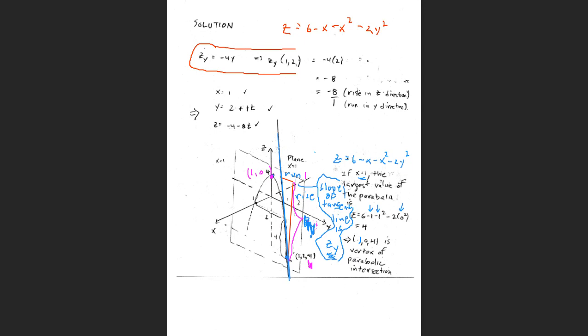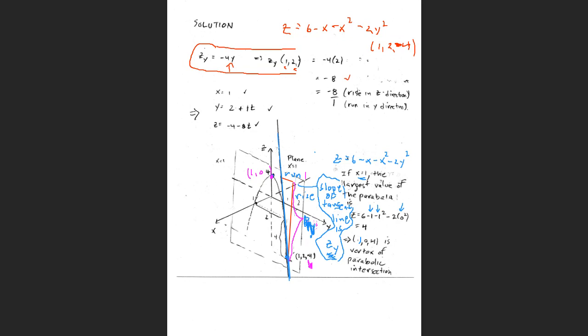So we hold x constant, and all we're left with is the derivative of negative 2y squared. That's negative 4y. Now we substitute in 1 and 2, because the point we're interested in is the point (1, 2, -4). So we get a slope of negative 8.